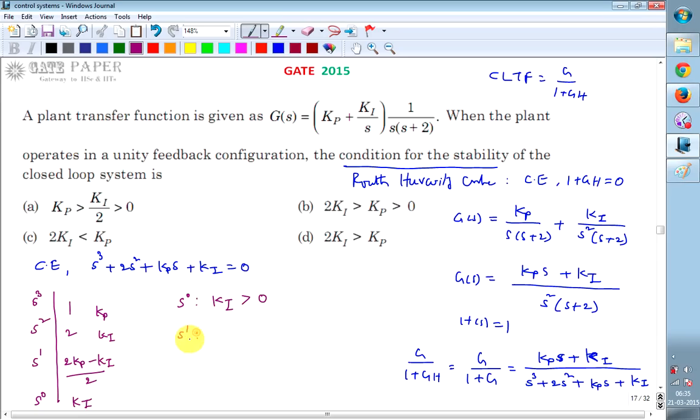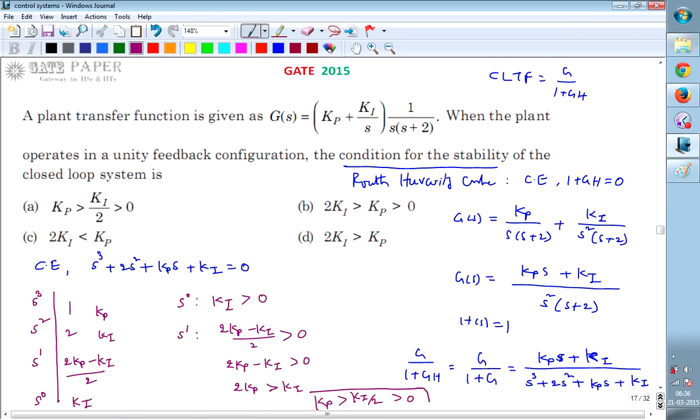From the s1 row, (2Kp minus Ki) by 2 should be greater than 0, which means 2Kp should be greater than Ki, otherwise Kp should be greater than Ki by 2. And Ki must be greater than 0.